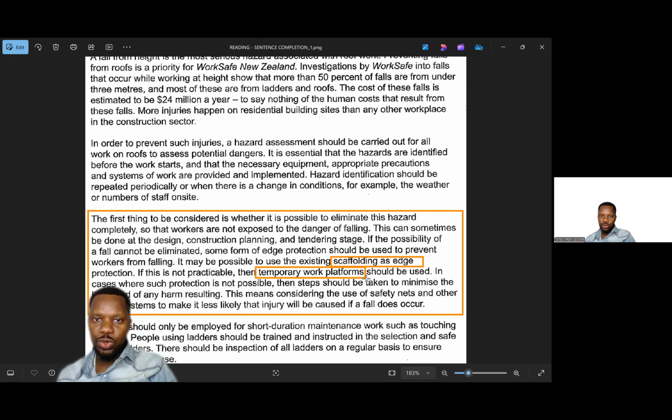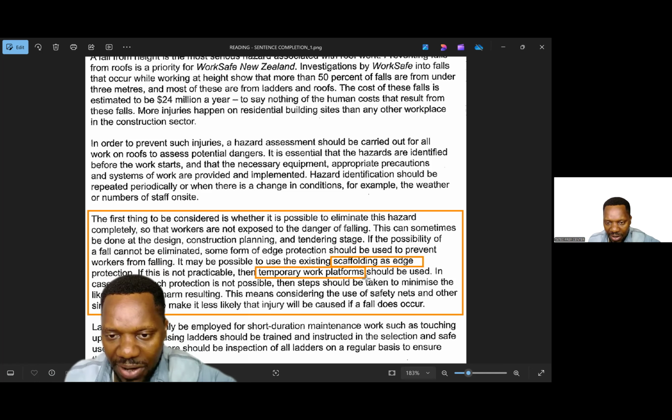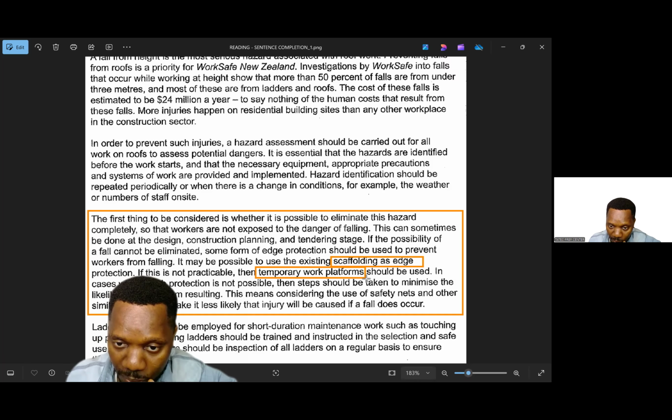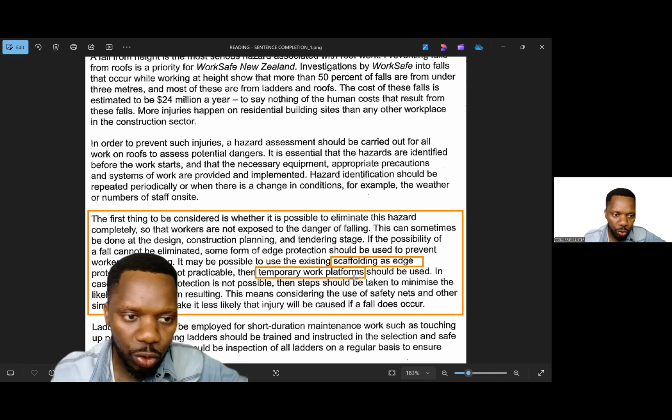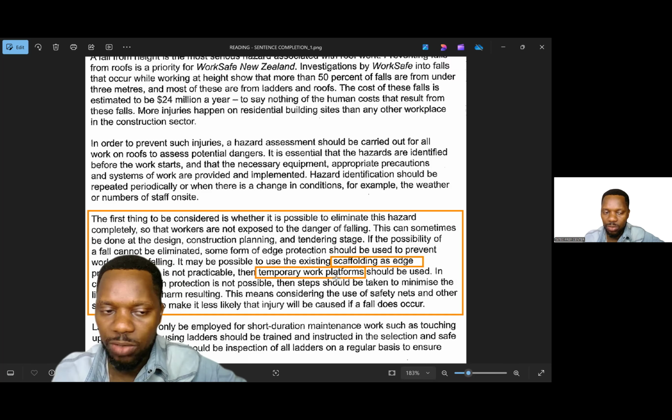Right, so when you find these, please be careful because the question already has identified the first thing to be used, scaffolding as edge, or dash. So you want to look out for the second one, which here is a temporary work platform.